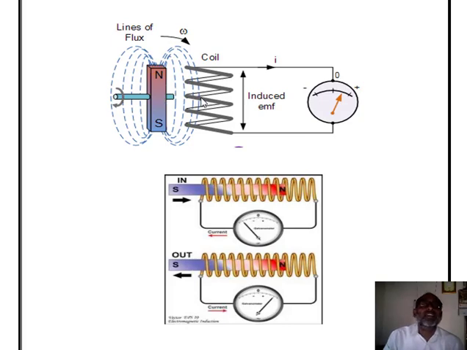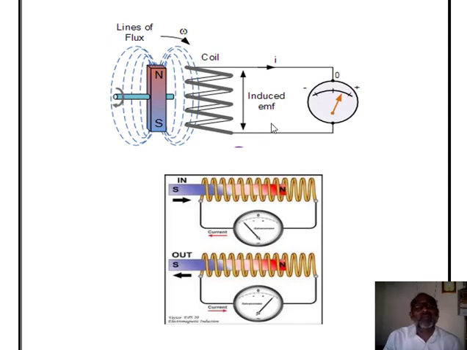When the permanent magnet and coil are both stationary, this flux is linked with this coil, but the galvanometer shows zero deflection. That means no current is passing through this galvanometer. Here the closed path is present, but current is not flowing through this meter because of the absence of EMF. So when magnet and coil are both steady, there is no EMF induced in the coil.